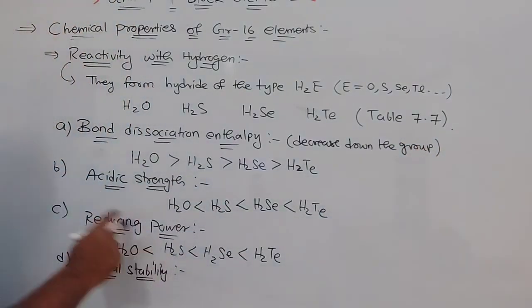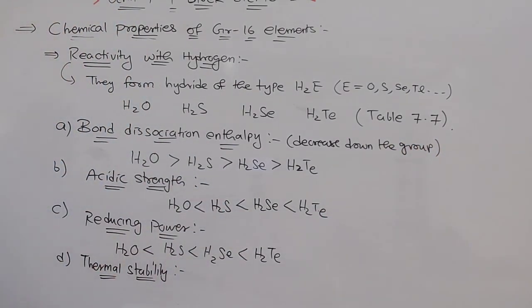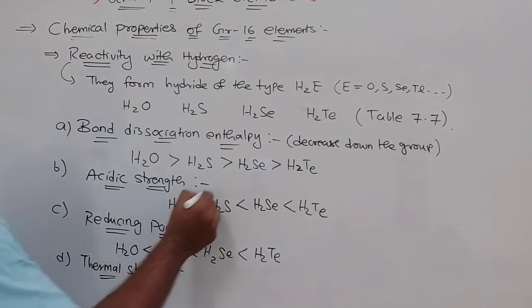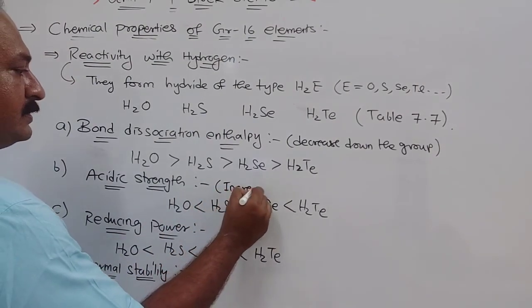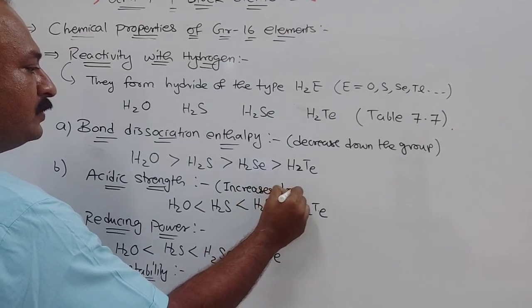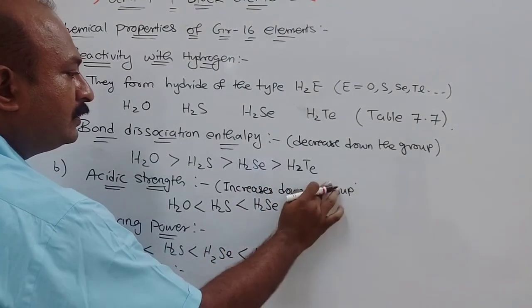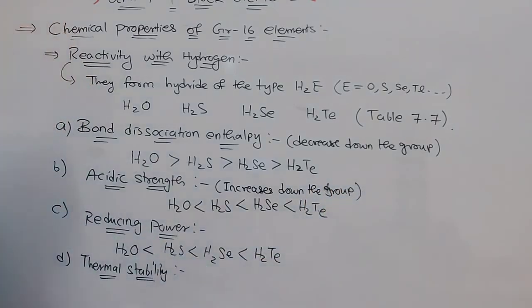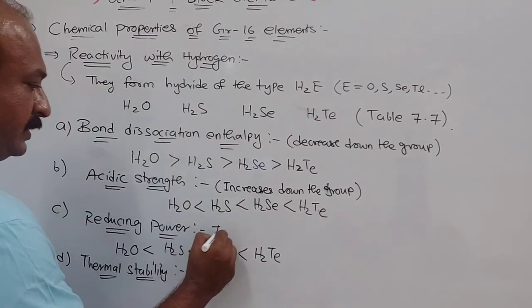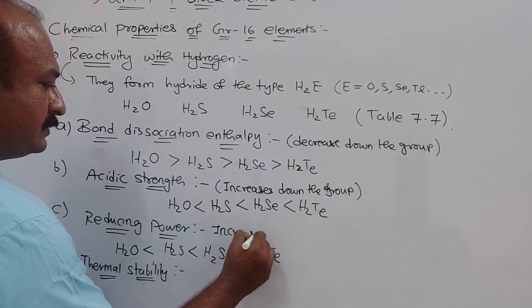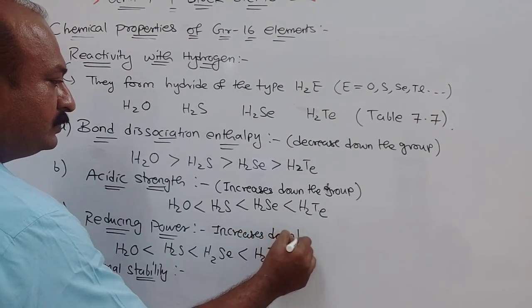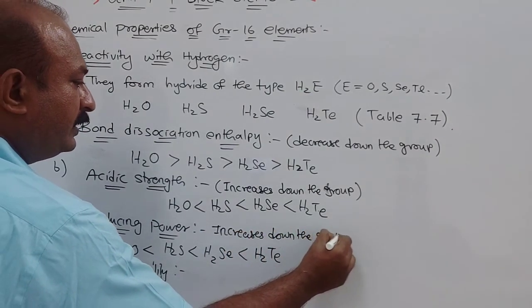The acidic strength increases down the group. The reducing power increases down the group.